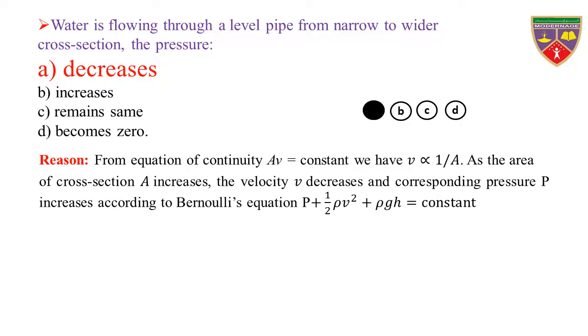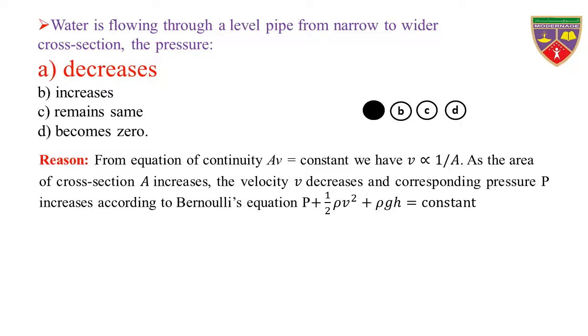Reason: from the equation of continuity, AV is equal to constant, where A is the area of cross section of the pipe and V is the speed of the water. We have V proportional to 1 by A. As the area of cross section A increases, the velocity V decreases, because velocity is inversely proportional to the area of cross section, and the corresponding pressure P increases according to Bernoulli's equation: P plus 1 by 2 rho V square plus rho g h is equal to constant.